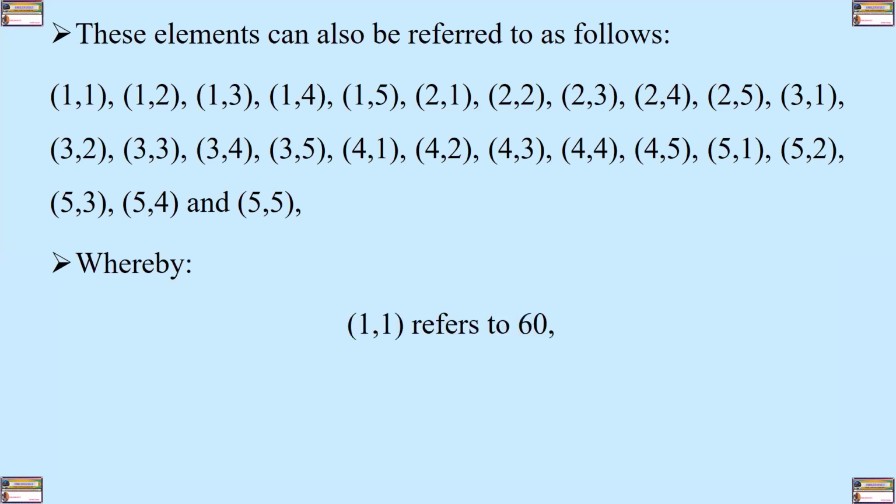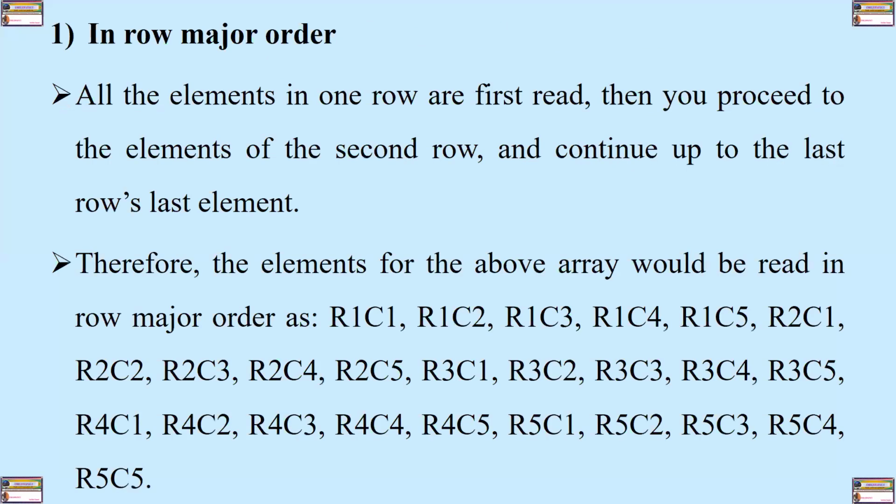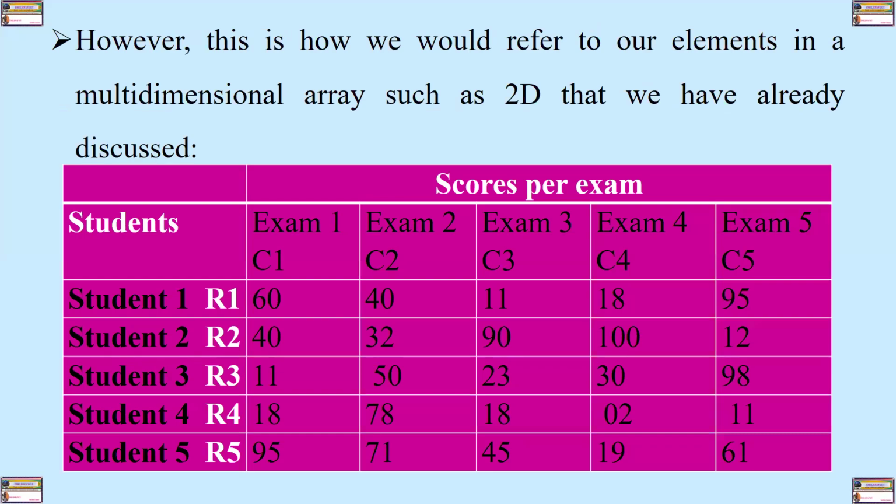So in this case, each of these is referring to a certain value. Like row 1, column 1, what do we have there? Let's see. Row 1, column 1 is 60. What about row 5, column 5? This is row 5 and column 5. So the intersection where the two are meeting, that is the value there.